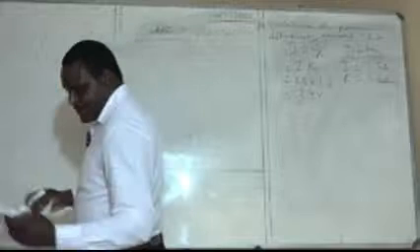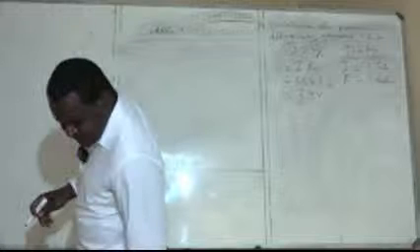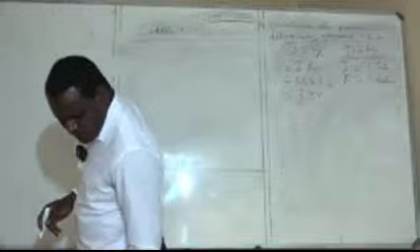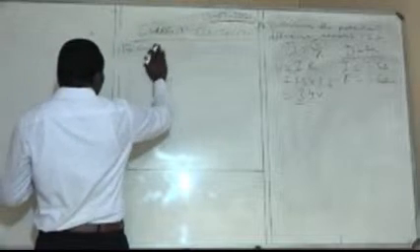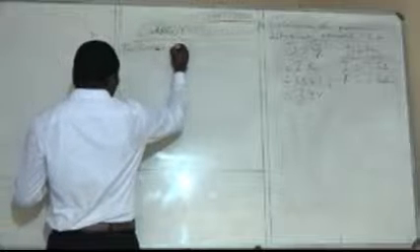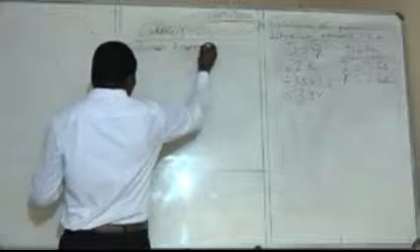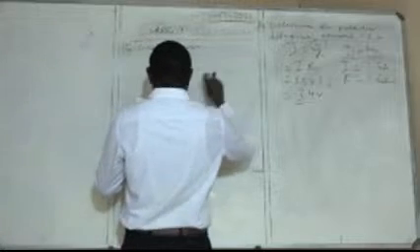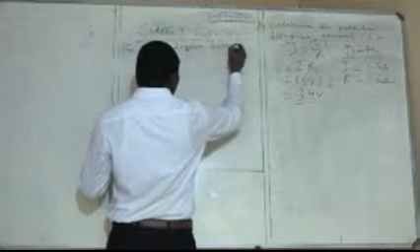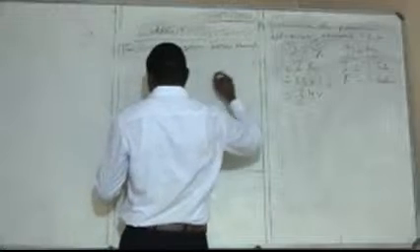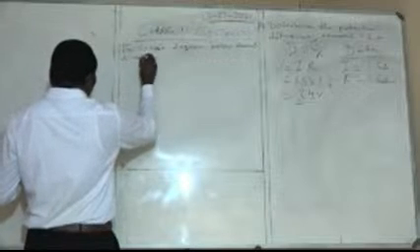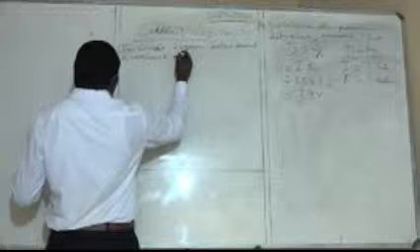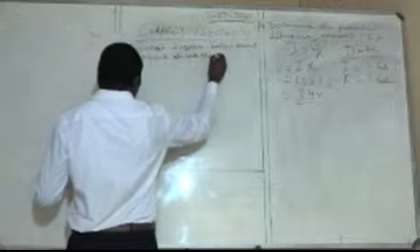And my second question says: the circuit diagram below shows a network of resistors, and this is my diagram.